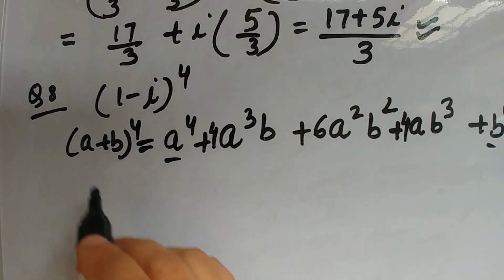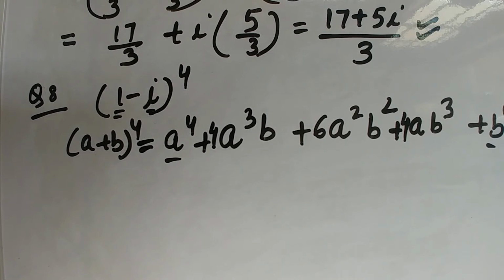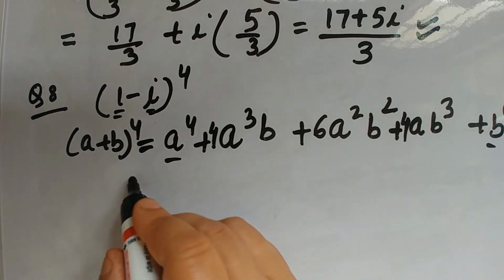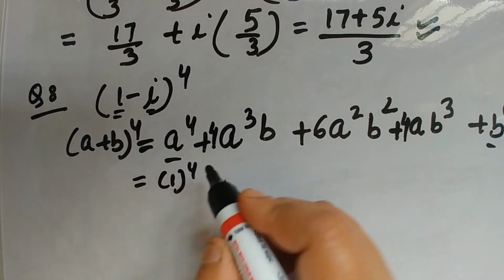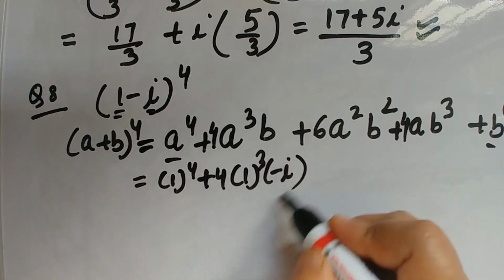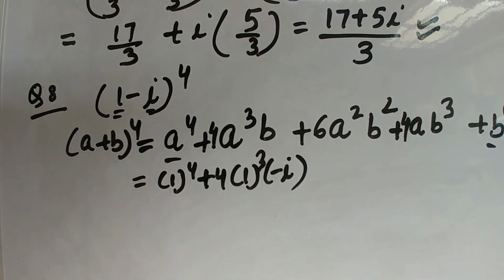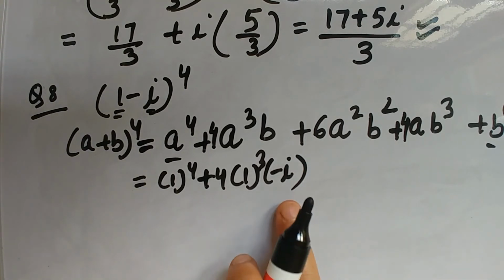Okay, so let us apply it by taking a as 1 and b as minus iota. So it will be 1 raised to power 4 plus 4 a cube b. Okay, take b as, because I am using the formula for a plus b raised to power 4, so take b as minus iota.